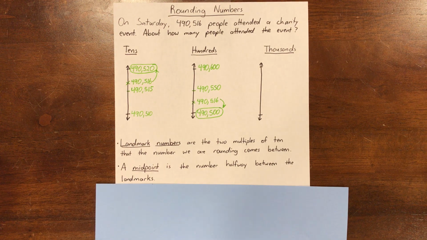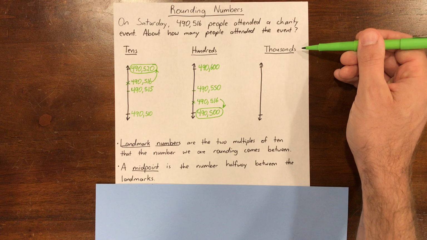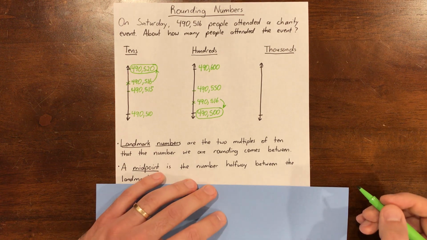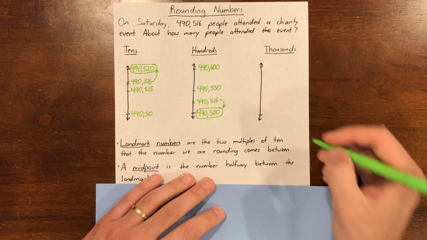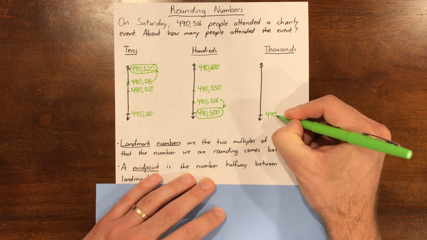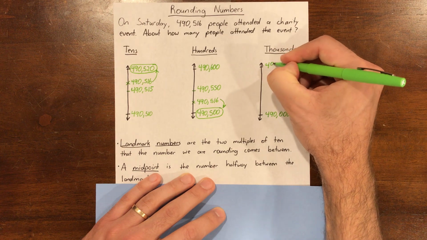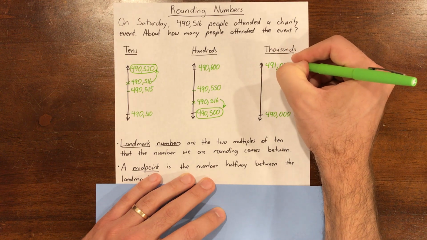Awesome. And what would our landmark numbers and midpoint be if we wanted to round our number to the nearest 1,000? Go ahead and say that out loud. Okay, 490,516 comes between 490,000 and 491,000.